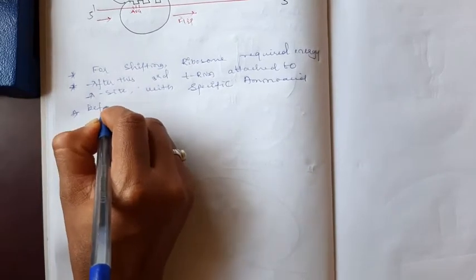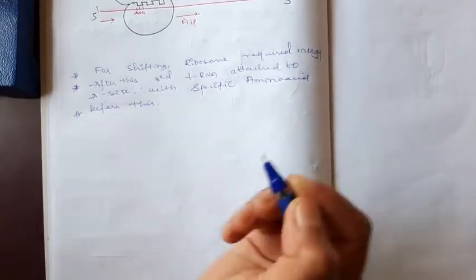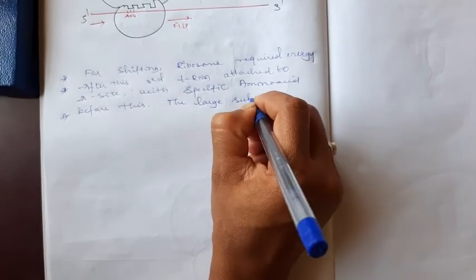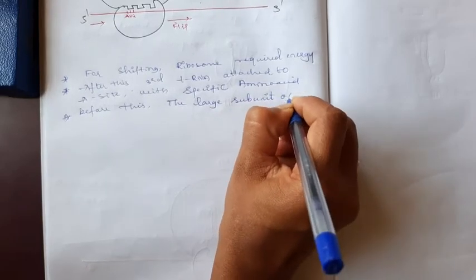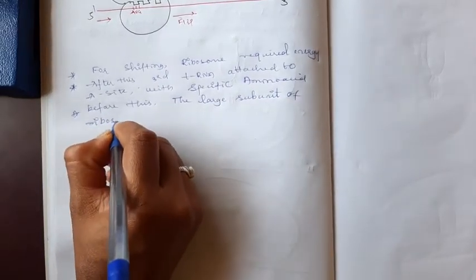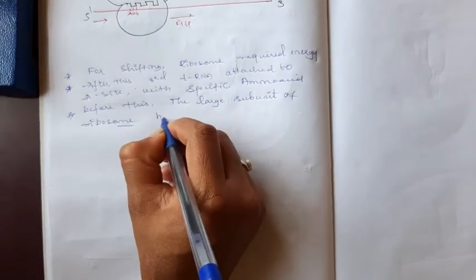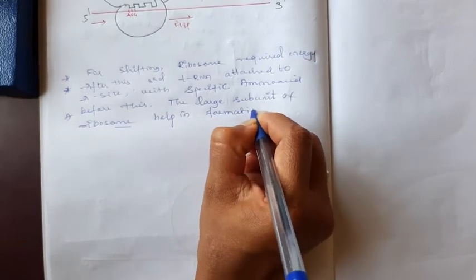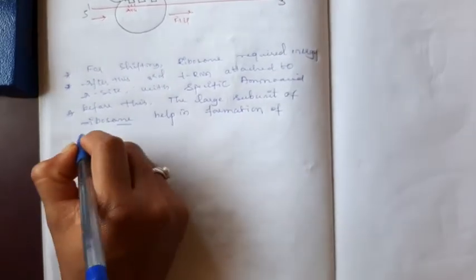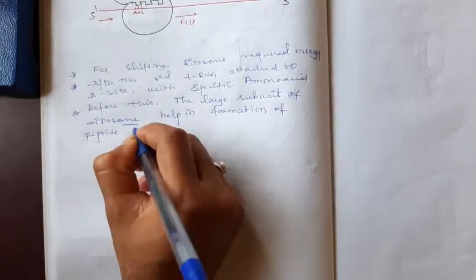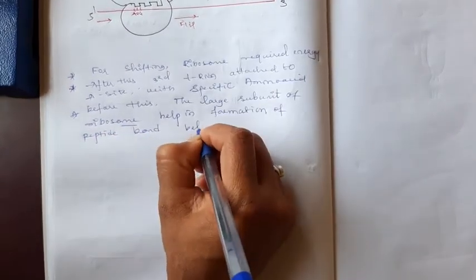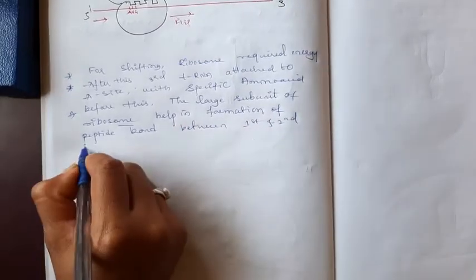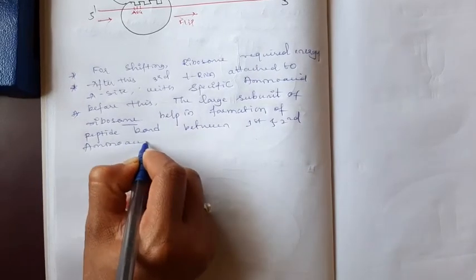Before this, the large subunit of the ribosome helps in formation of a peptide bond between the first and second amino acid.